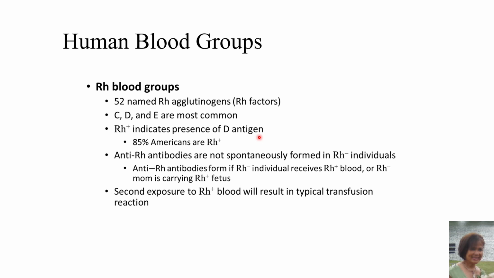Unlike the ABO system, the antibodies for the Rh are not spontaneously formed in Rh negative individuals. They are only formed through second exposure to Rh positive blood. And typically, this will result in a transfusion reaction after that.